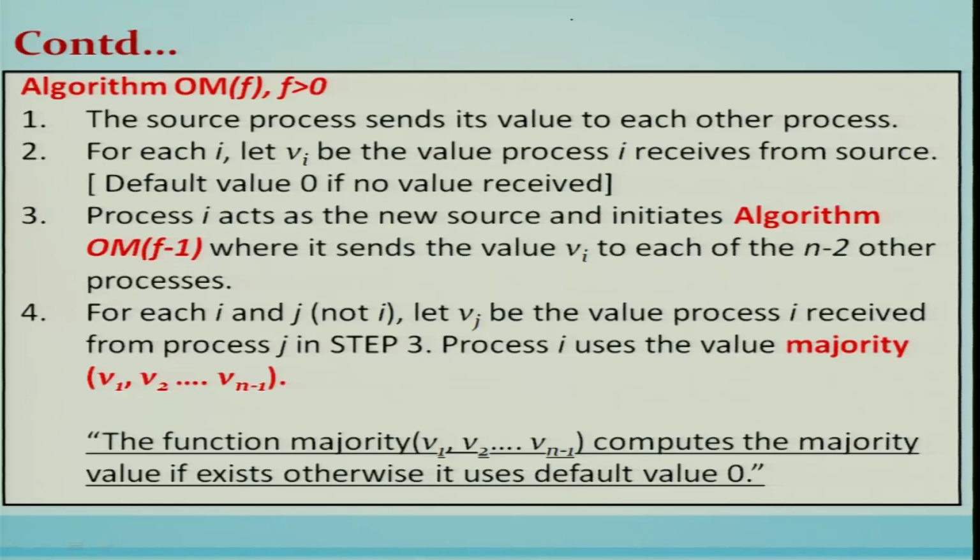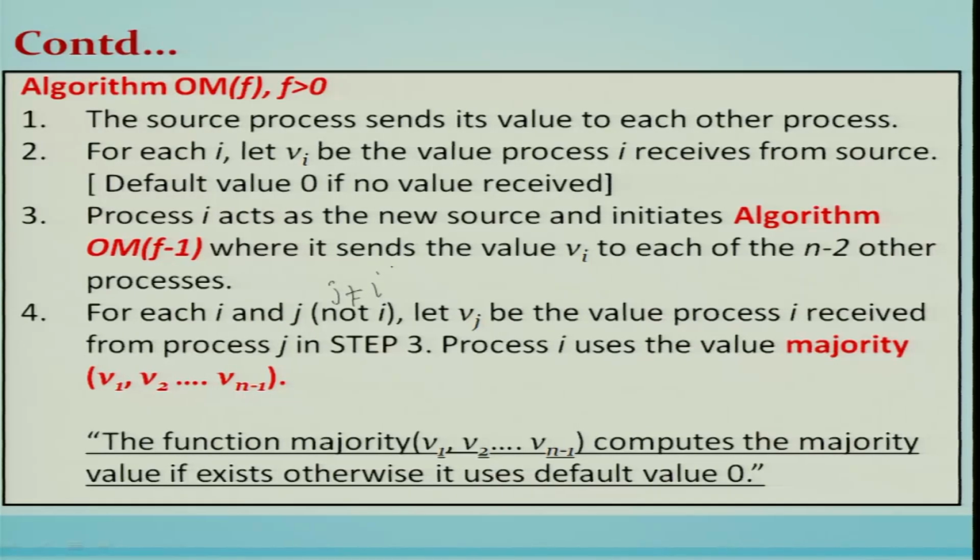of the n-2 processes. Now finally, after this for loop in step 2 is over, the last step says that for each i and j not equal to i, let Vj be the value process i received from process j.